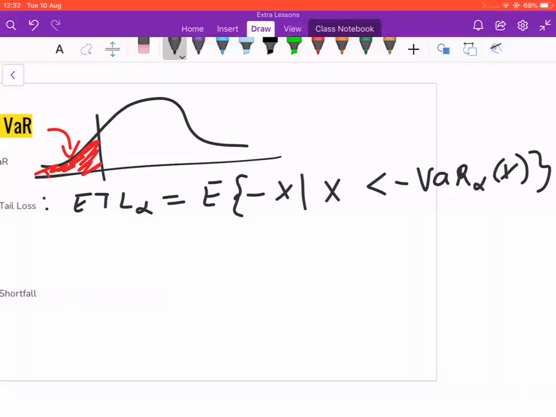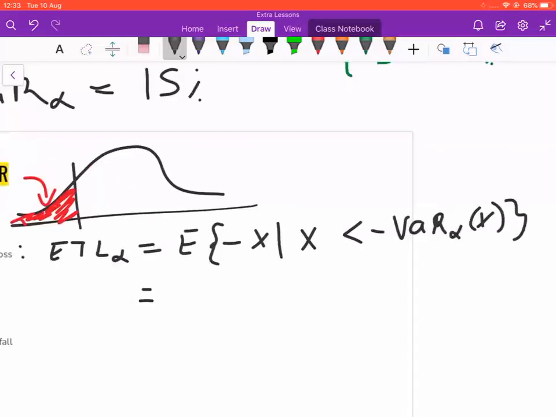Because I haven't seen any question in the exam where they ask this, there is another definition you can use to calculate conditional tail VaR, which you can simplify. I saw a question in the notes where they ask you to simplify this so that you can find your answer. The other definition says the expectation of X, where X is greater than positive VaR.